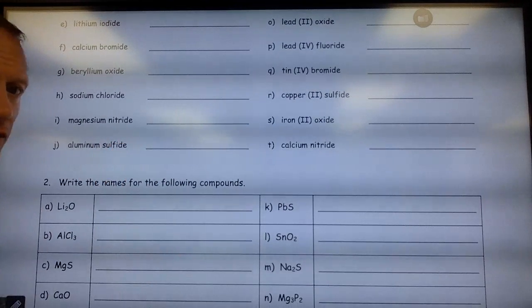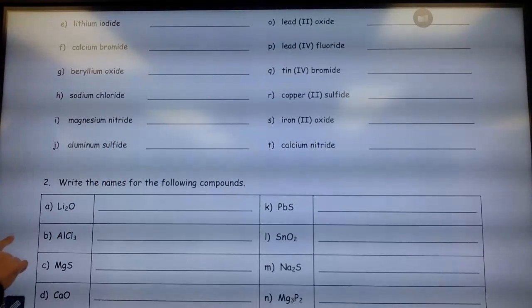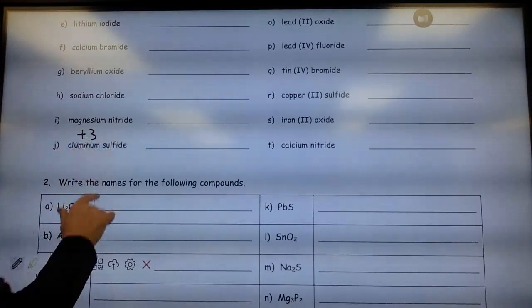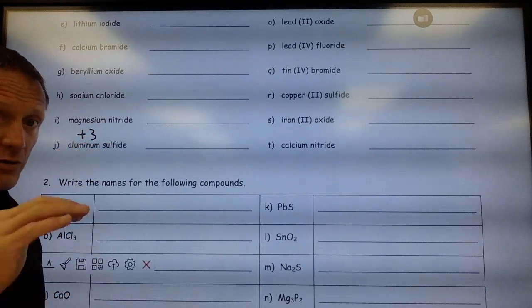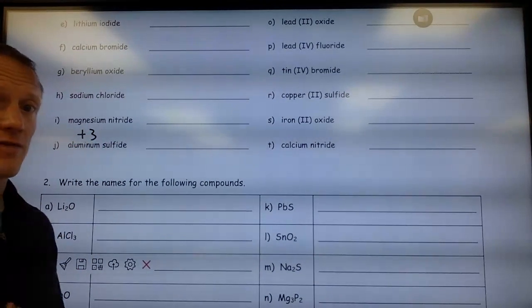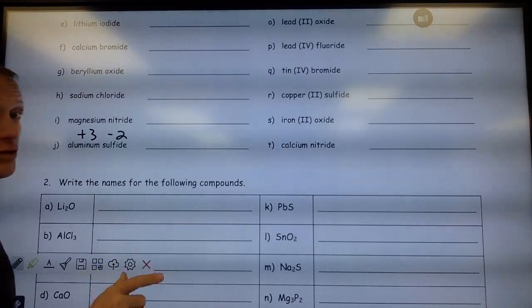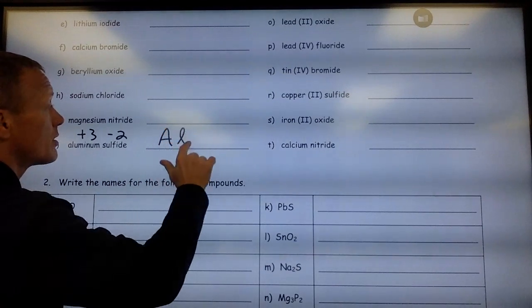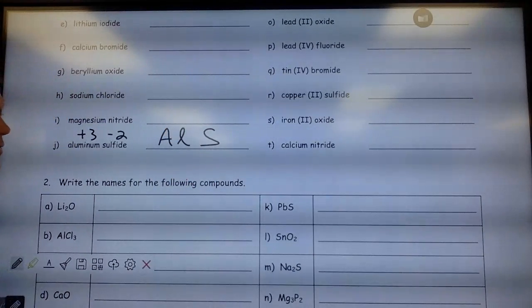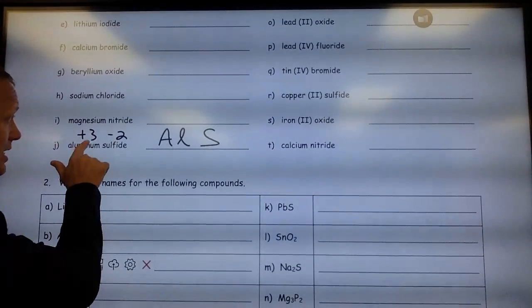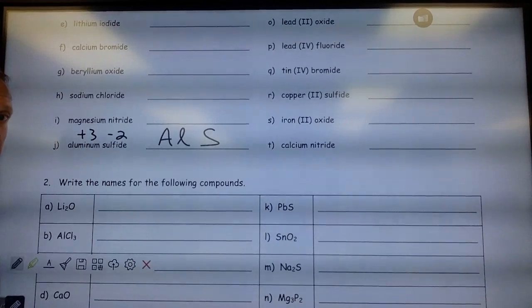Let me do aluminum sulfide right here. Aluminum has a +3 charge. Again, you can find that on your periodic table, if you've got a periodic table with charges on it. If not, I will send one to you. Sulfur's got a -2 charge. We need these to be equal. So if we have +3 and -2, we need both to get to +6 and -6.